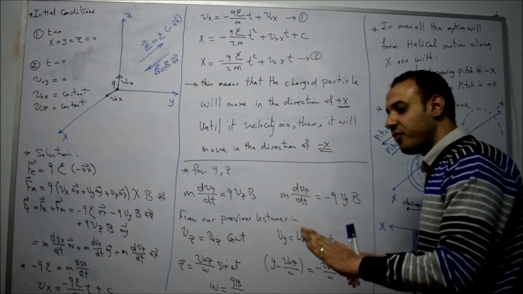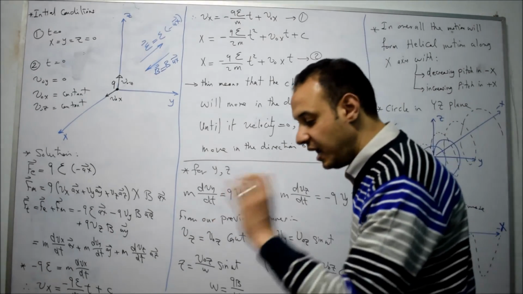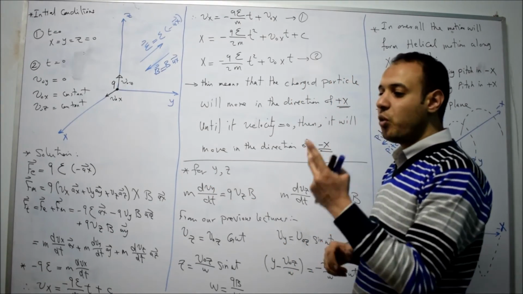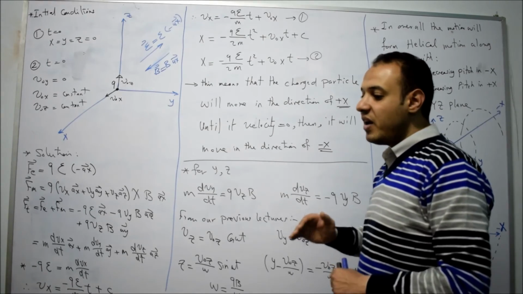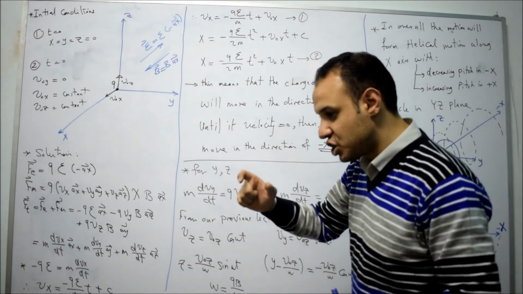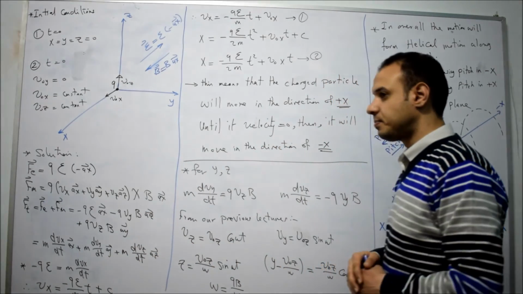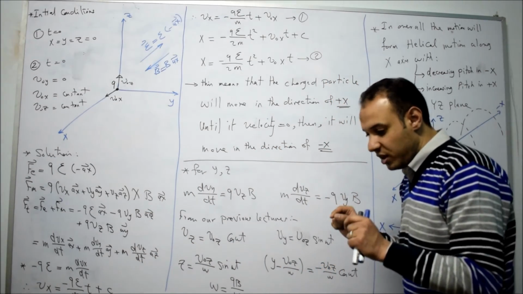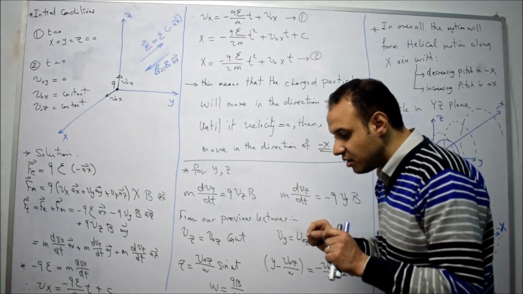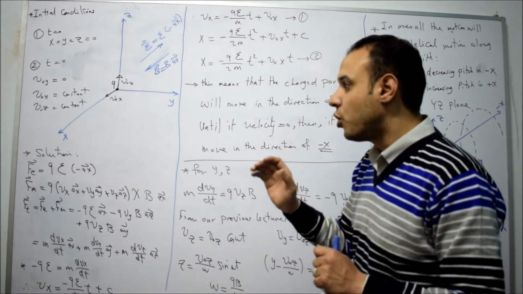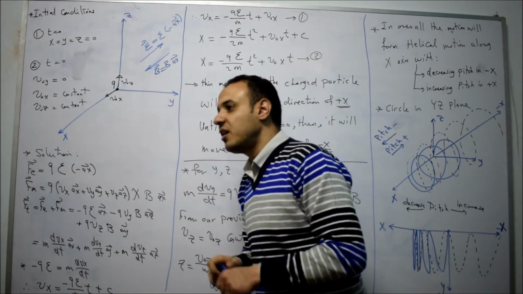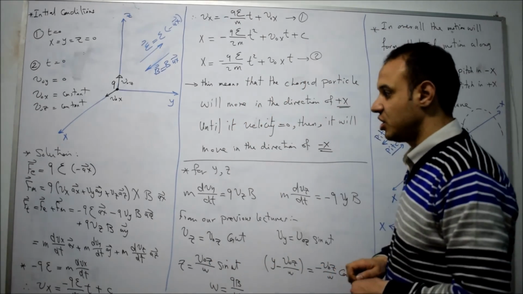So now we have a helix motion, a helical motion. But we have two helixes. We have a helix with decreasing pitch because the velocity is decreasing in the positive x direction. And we have another helix with increasing pitch, but it goes toward minus x direction or negative x direction.